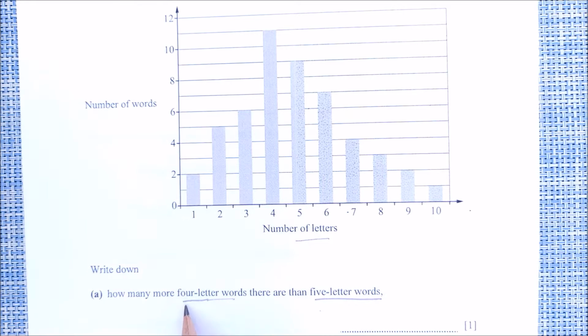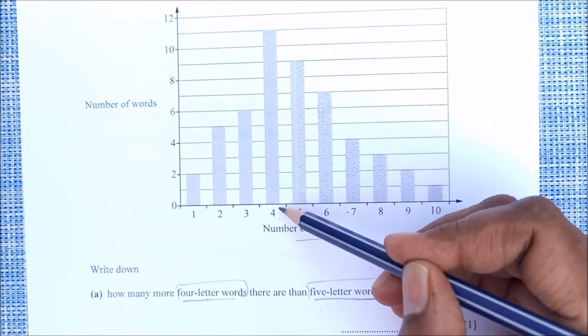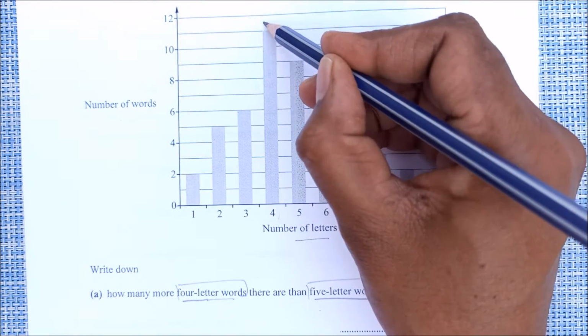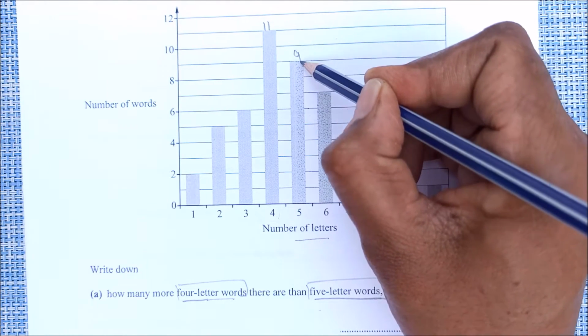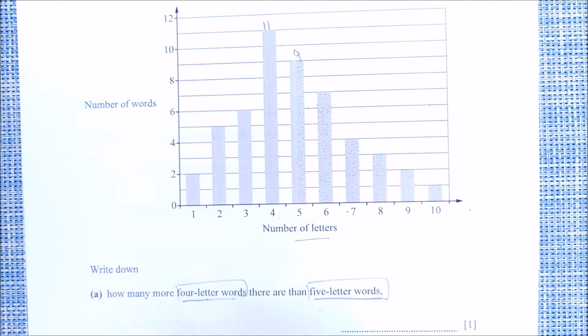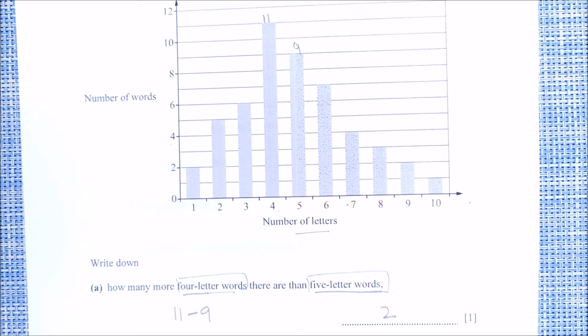So we need to compare 4-letter words and 5-letter words. The number of letters are here. For 4-letter words, if we go along here, it is 11, and 5-letter words are 9. We need to find how many more, so that means we need to find the difference. 11 minus 9 is 2. So there is a difference of 2.